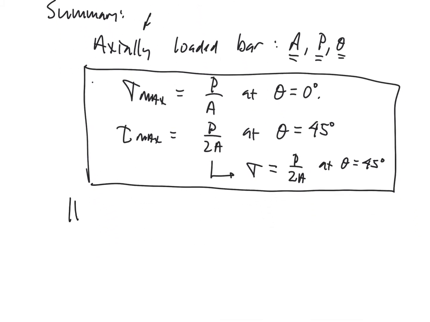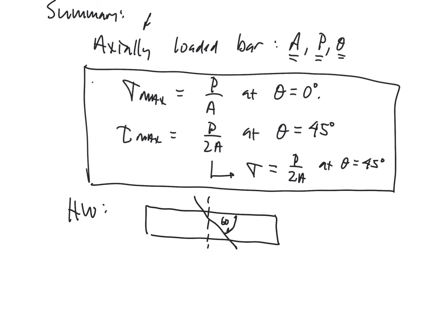Now, I will assign a homework problem or two, and it's okay to use those formulas that we have, but here's what you need to watch out for. A lot of times they'll do something like this, and then they will give the angle here. They'll say this is something like 60 degrees. Find the stresses on that particular plane. So warning, make sure you convert the angle.